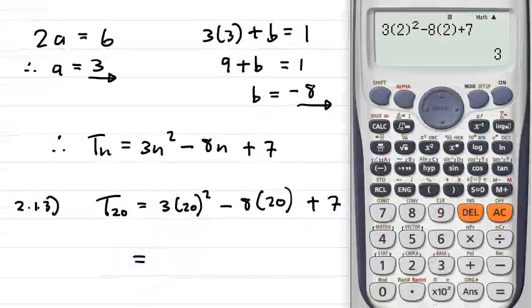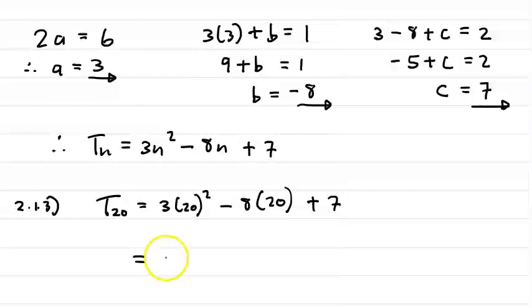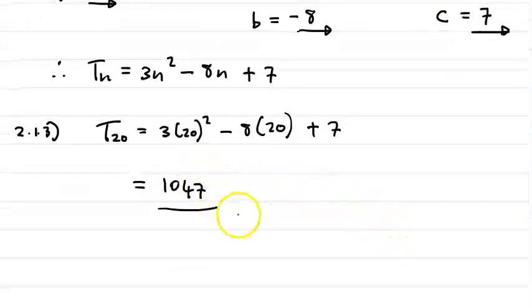So now wherever we've got n, we're going to substitute 20. 20 there and 20 there. And let's see, what do we get? 1047. So therefore the 20th term of the sequence is 1047.